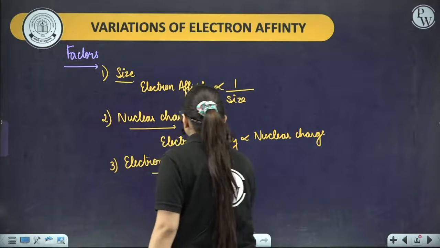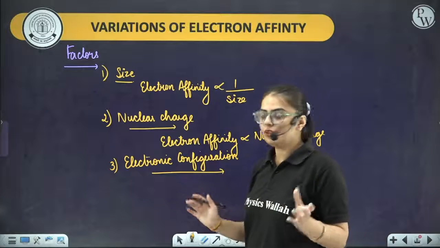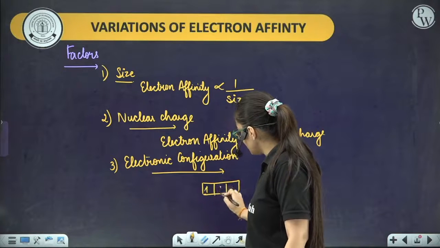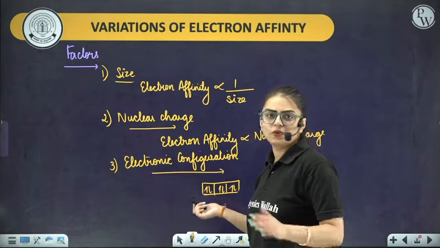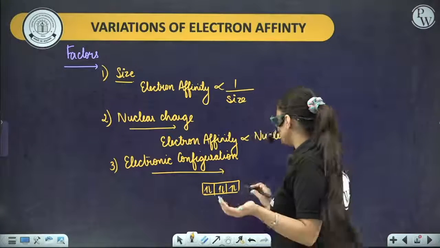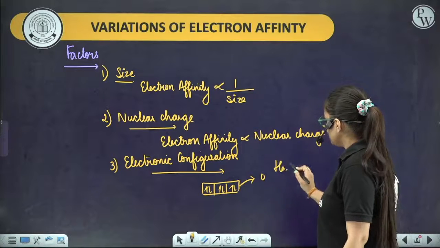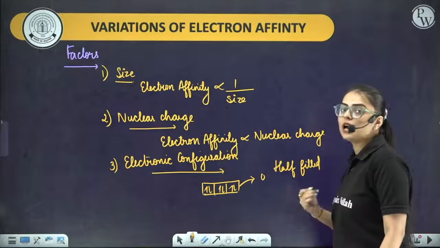See, electronic configuration over here is that if I'm discussing fully filled, it already has fully filled electrons. For example, if I'm talking about the p orbital, let us consider it is completely filled. So now you have to add one electron. Where will you add? You won't be able to add an electron. That means for fully filled it will be 0. For half filled, as half filled is stable, if you're adding an electron, you will make it unstable.